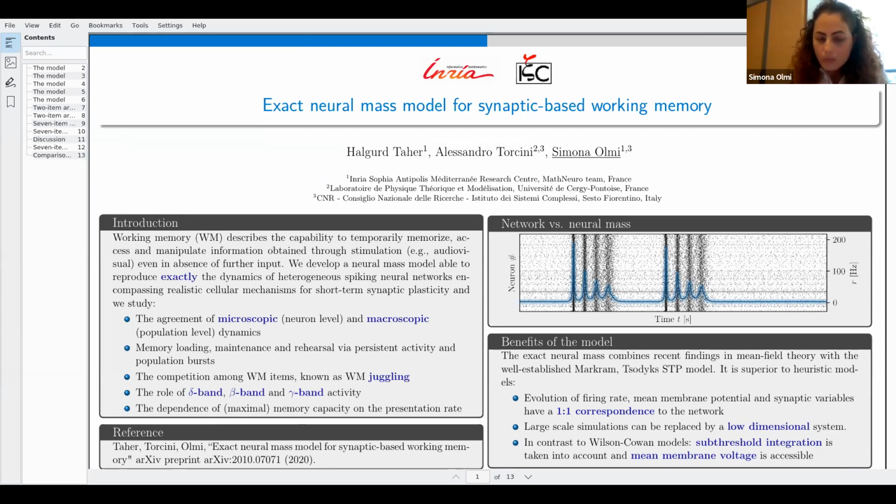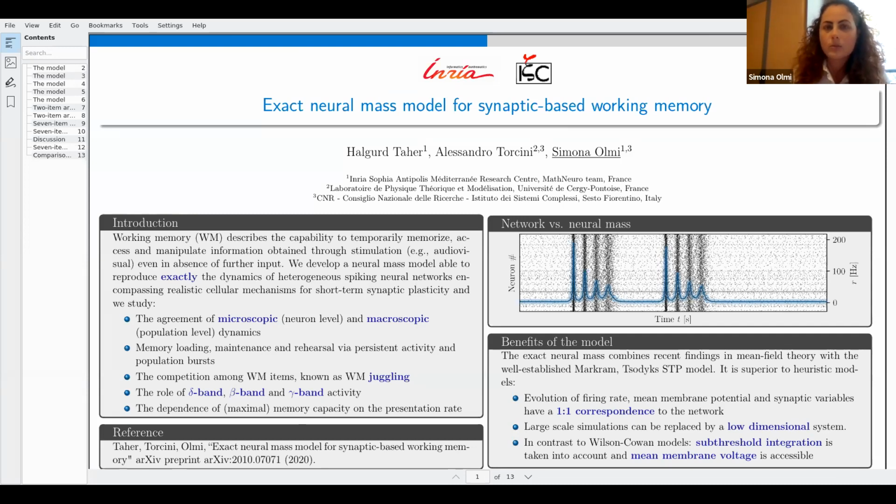In this framework, I can affirm that our model is really powerful because, as I will try to show you in the following slides, it gives a one-to-one correspondence between the network, so the microscopic dynamics, and the mean-field evolution, so the macroscopic dynamics of firing rate, mean membrane potential, and synaptic variables, thus allowing us to simulate very large networks.